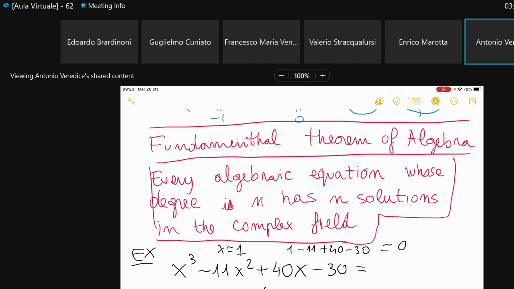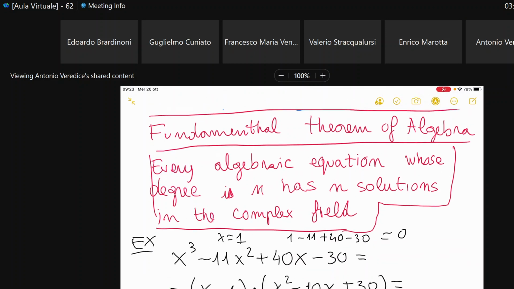Okay, so this is like x minus 1 times x squared minus 10x plus 30. So if you want to factorize this polynomial and look for the solution of this equation, you will find out that x is equal to, dividing by 2, minus 10 over negative 2 is 5, plus or minus the square root of what? 5 squared is 25 minus 30.